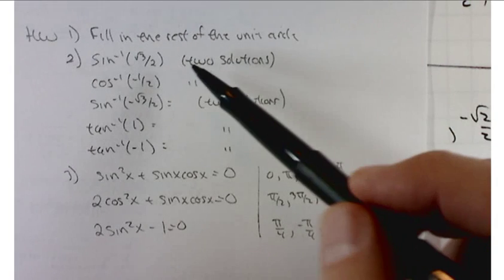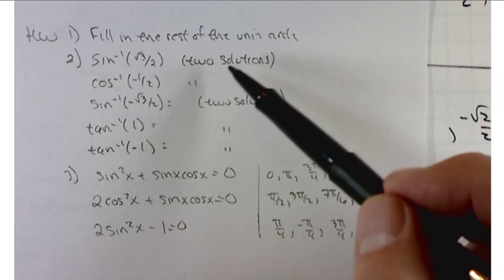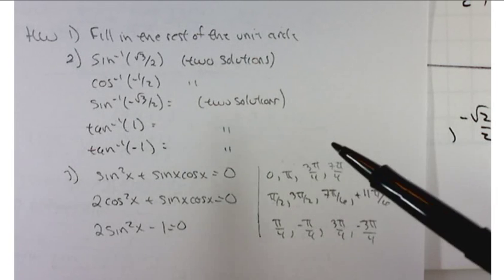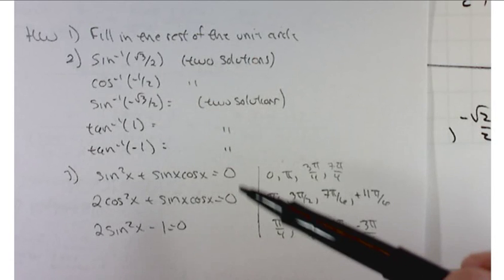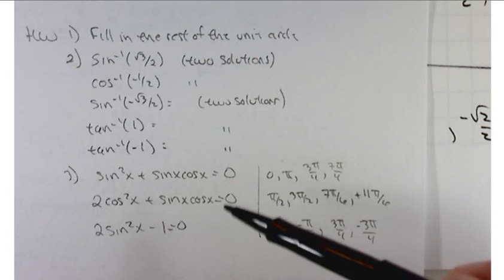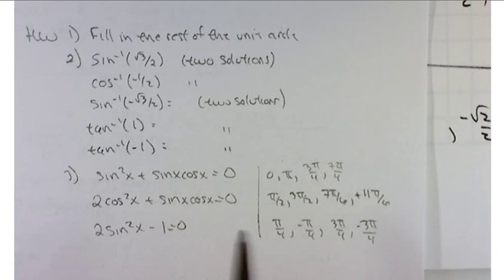Find the inverse of these functions and come up with 2 solutions, just like we were finishing up with right here. Here's a trigonometric equation that you can try and solve, a couple trigonometric equations, and then here's the associated answers. So practice with these, and if you have some problems with your trig or anything else, let me know.